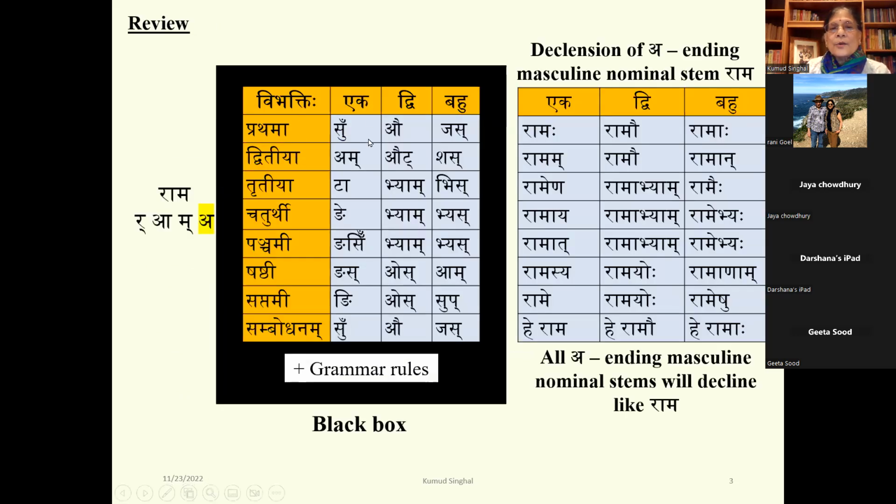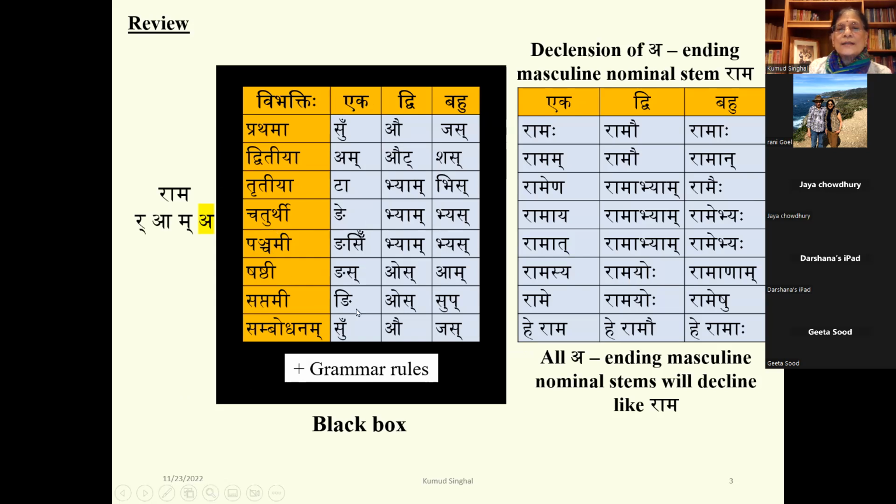So these are your 24 nominal suffixes, and they are classified according to the vachanam: ekavachanam, singular; dvivachanam, dual; and bahuvachanam, plural; and 8 vibhaktis.